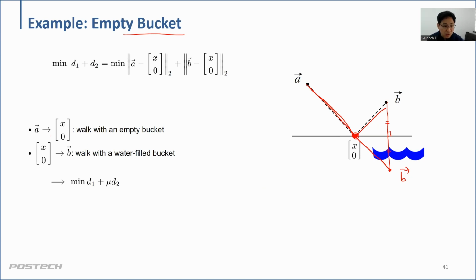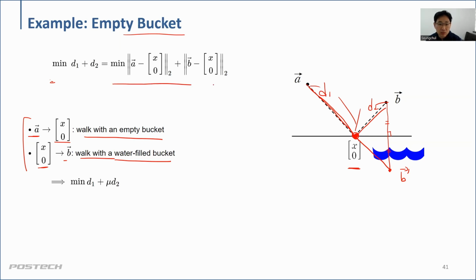So from A to this point is walking with the empty bucket, and from this point to B is walking with the water-filled bucket. Let's do this one. So assume that this is D1 and D2, the distances. You can mathematically formulate these problems like that.